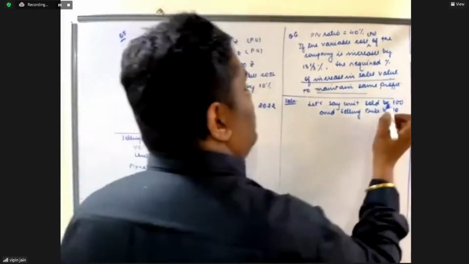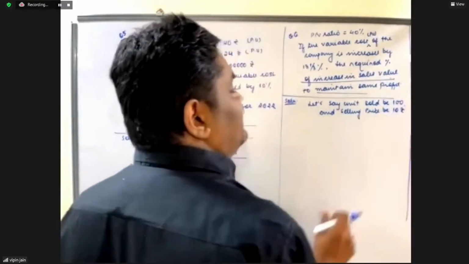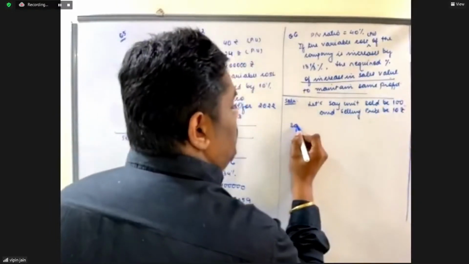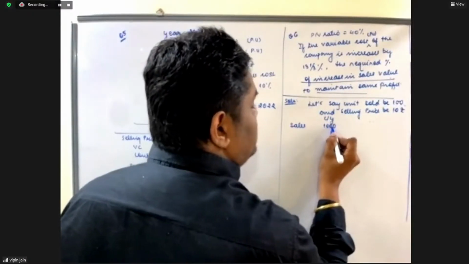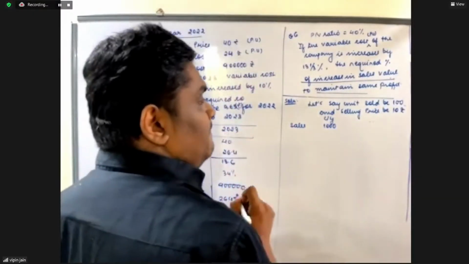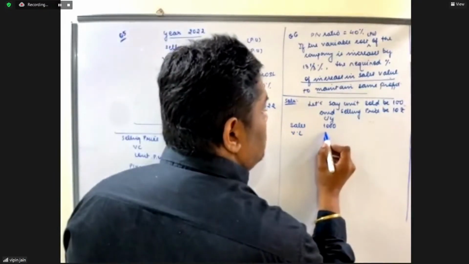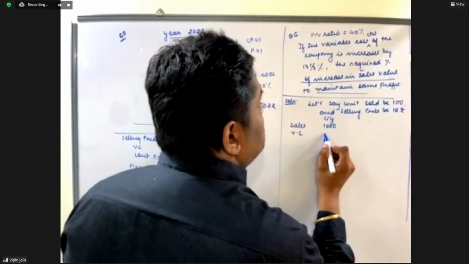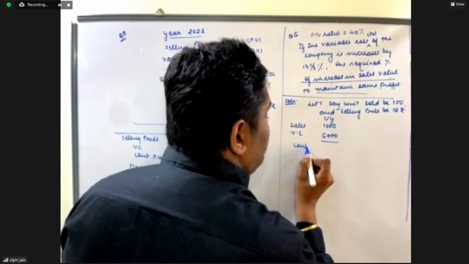Let's say the units sold are 100 and the selling price is 10. So in the current year, my sales will be 1000. My variable cost will be how much? 600, and my contribution will be how much? 400.